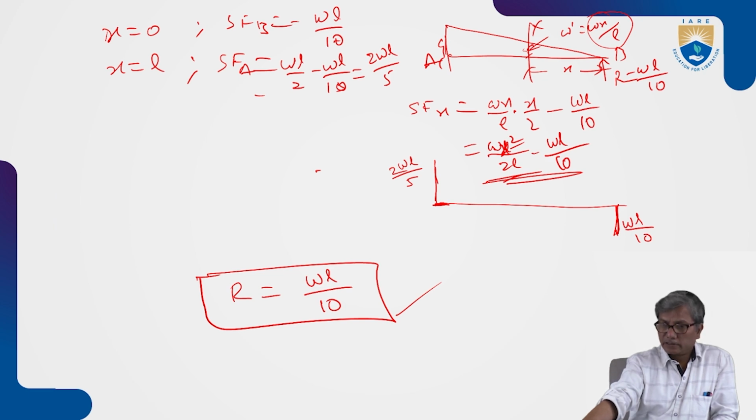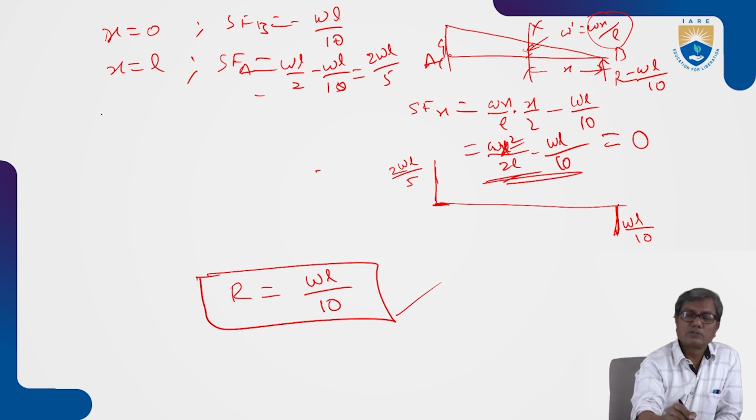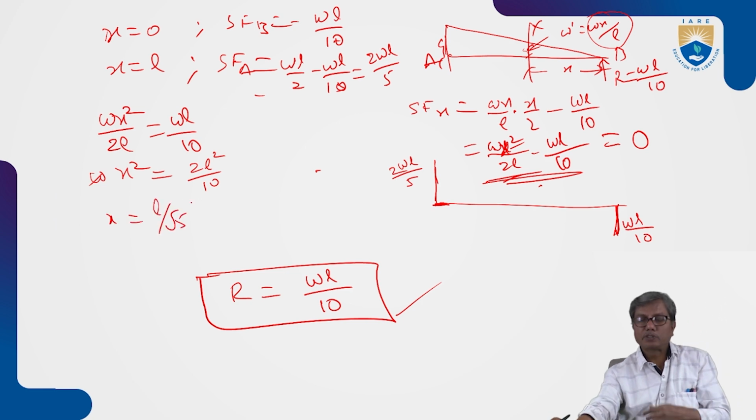So in between it crosses the axis. That means the shear force becomes 0. It changes sign. Okay. And the point where it changes sign is obtained by equating the shear force to 0. So equating Wx square by 2L equal to WL by 10. W cancels, okay? X square equal to 2L square by 10, or x equal to L by root 5.